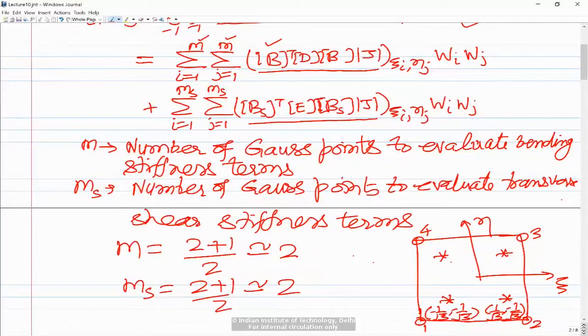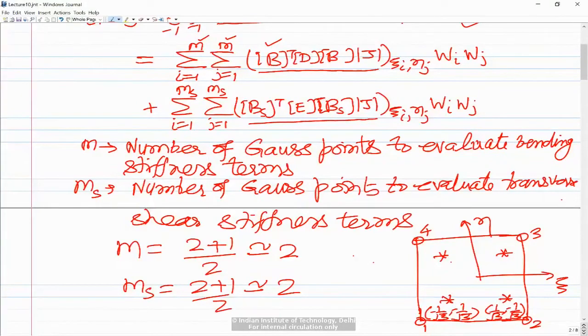Of course, if the element is too much distorted from a rectangle, then it may not work, and you might have to use a higher number of Gauss points. But if the element is slightly distorted, your 2 by 2 integration still works well.